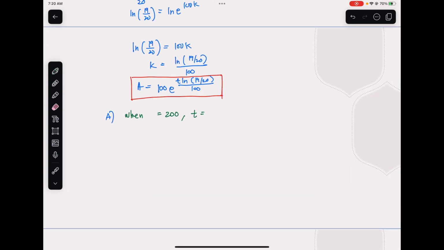So when t is 200, what is A? A is 100 e raised to 200 ln(19/20) divided by 100. So the number of units, 200 ln(19/20) over 100, makes it 90.25 units.